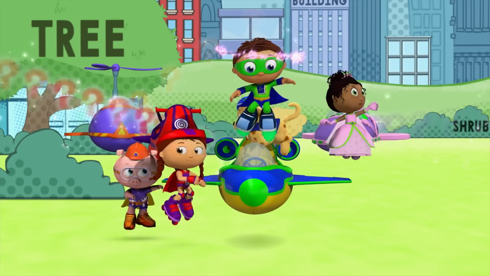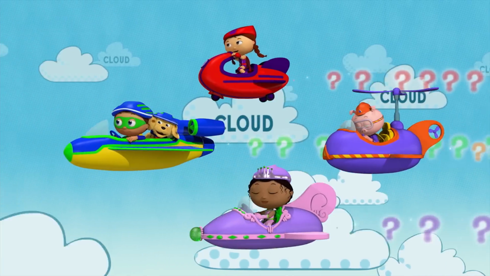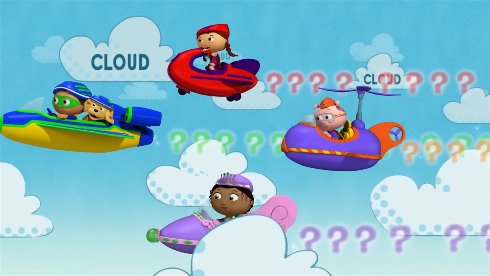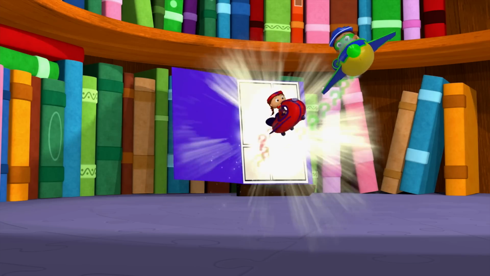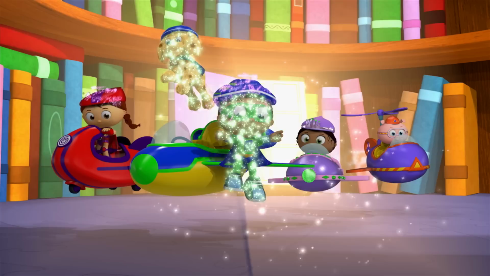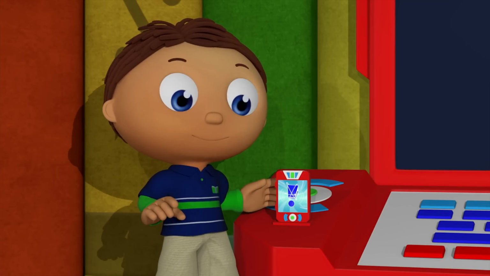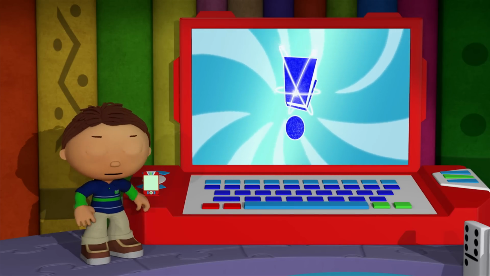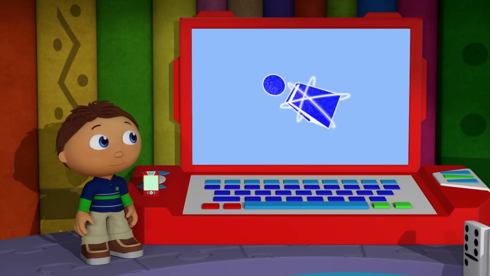Wildflyers, back to the book club. We found the super story answer with Superwhy. Super duper computer, give us our super story answer.